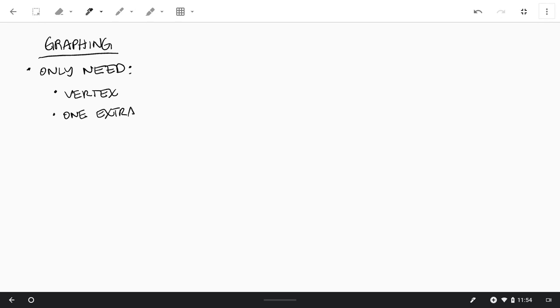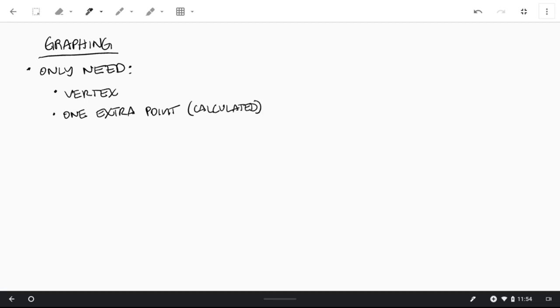You can get this extra point by choosing an x value and plugging it in. It doesn't matter what x value you choose. Of course, if 0 is available, that's a nice one to choose. Plug it in, get your y value.